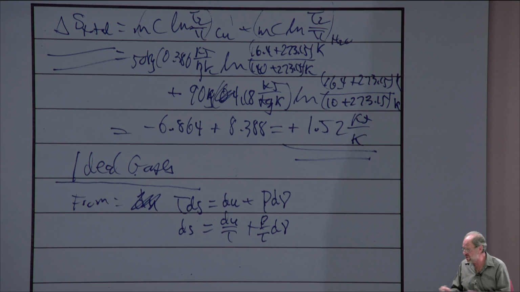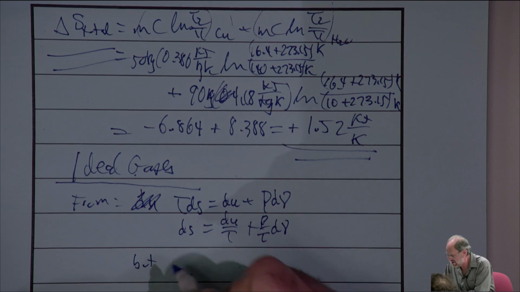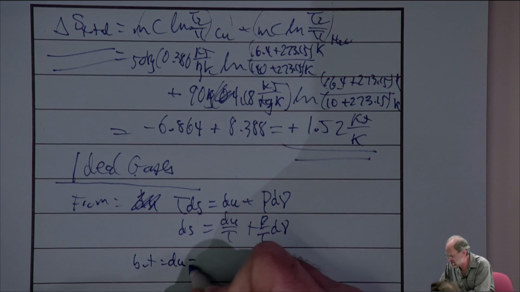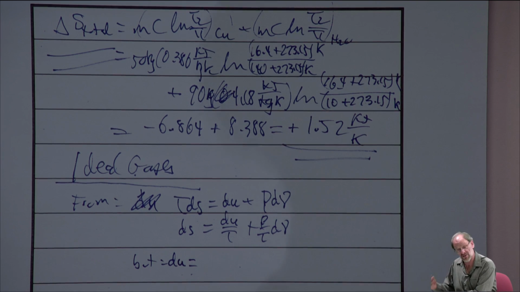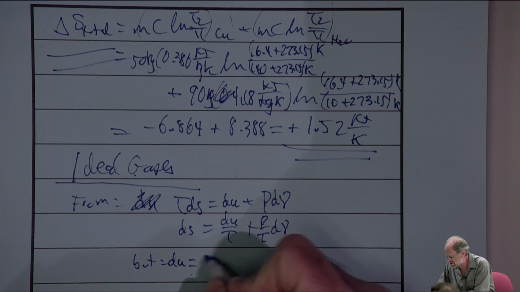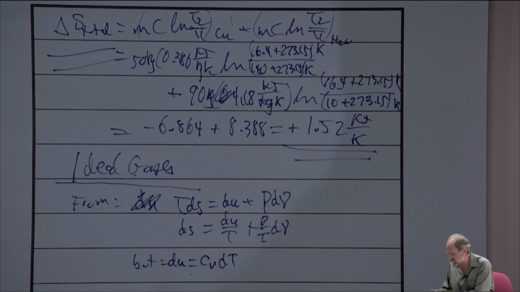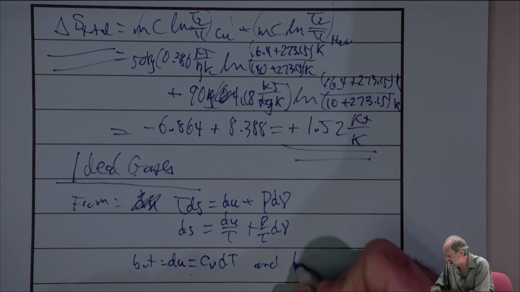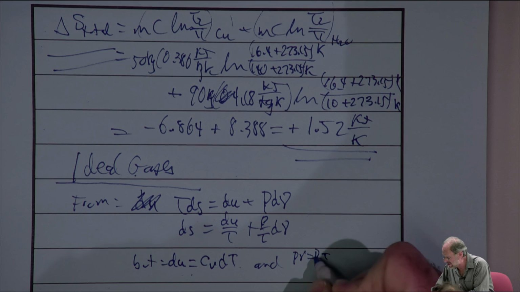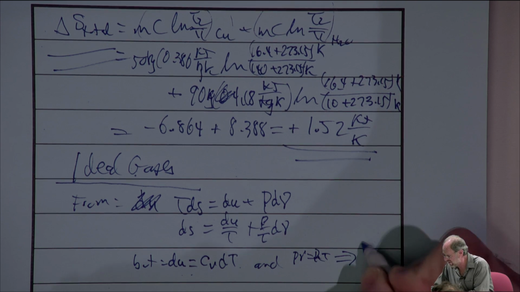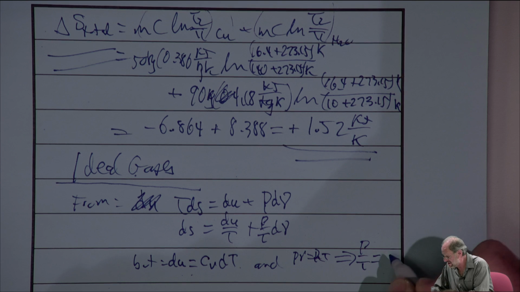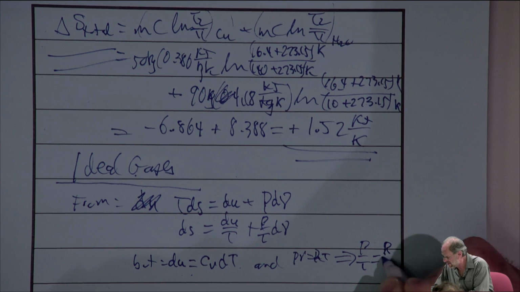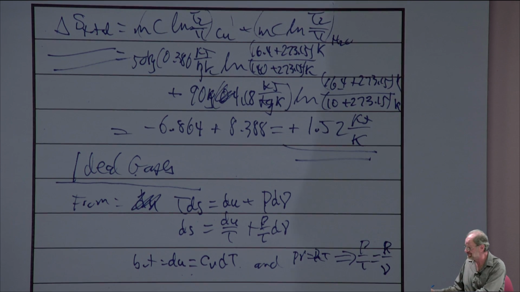And then what I want to do is remind you that an internal energy change is CV times the temperature change. And I also want to remind you that for an ideal gas, PV equals RT, or if you will, P over T equals R over V, right?